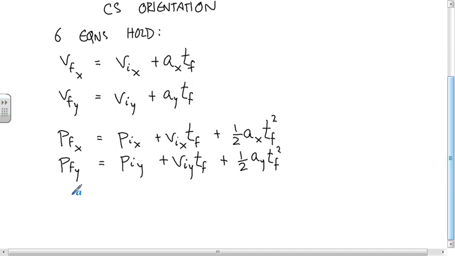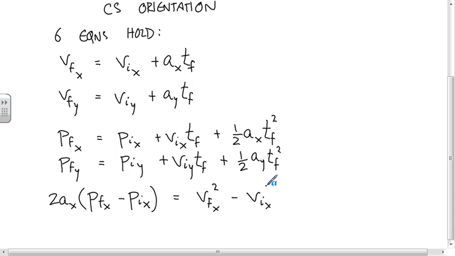And then the last 2, 2AX times the quantity PFX minus PIX is equal to VFX squared minus VIX squared. And then the same thing with all y components.